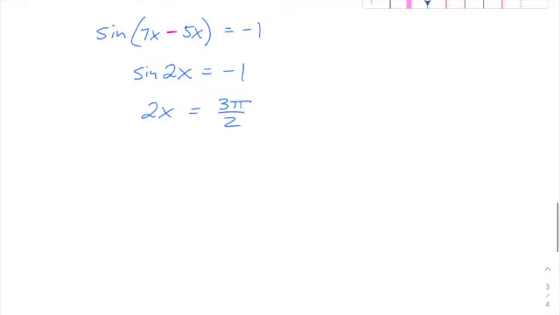And keep in mind that to find other solutions, you would add 2 pi n, right? However many times you want. But now you have to divide by 2 to solve for x. So you've got to divide that solution by 2, but you also have to divide this 2 pi by 2. And that is adjusting the period, right?